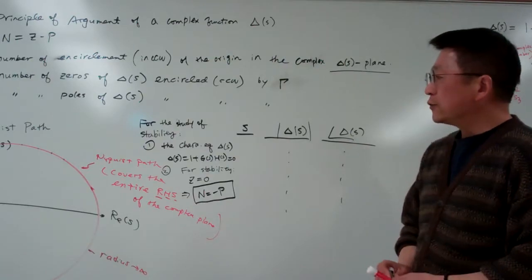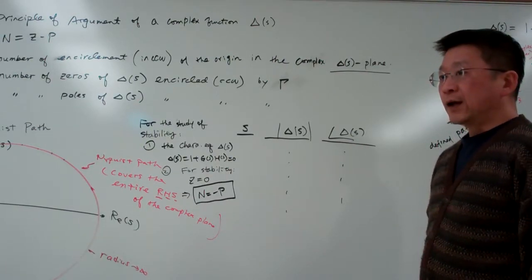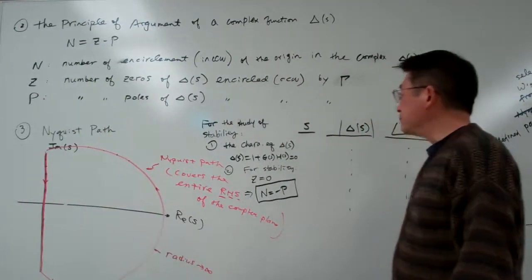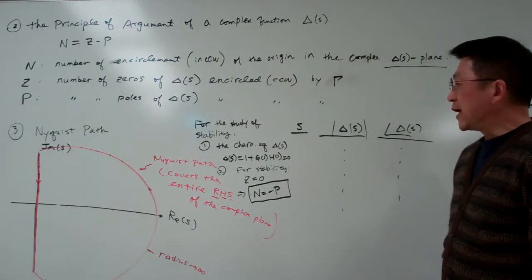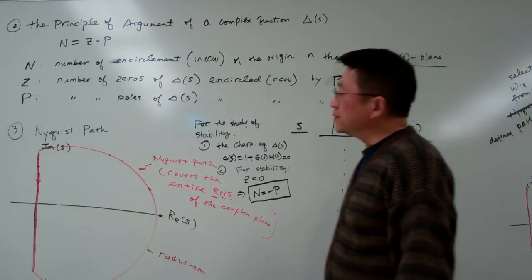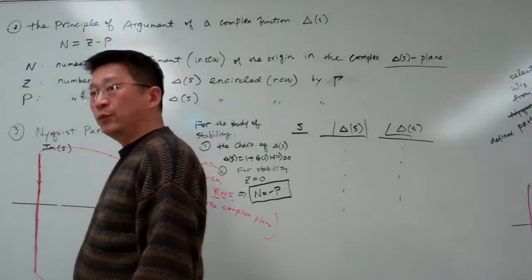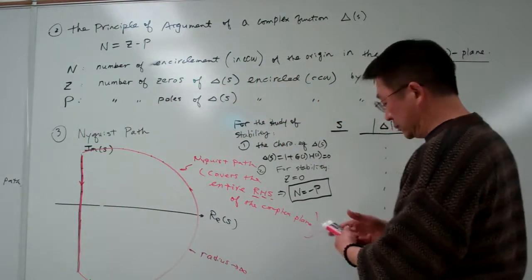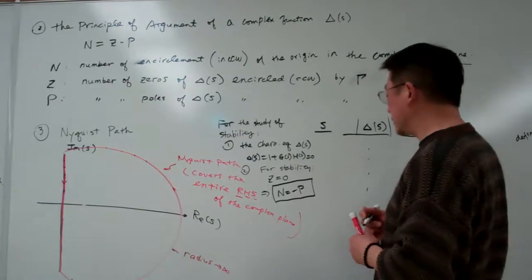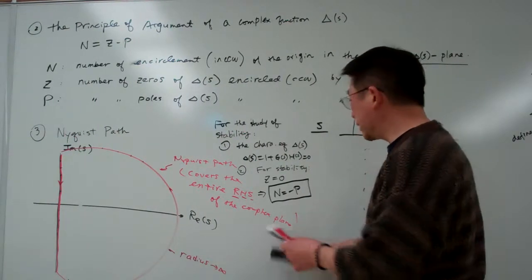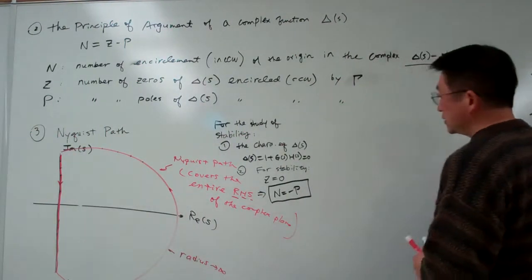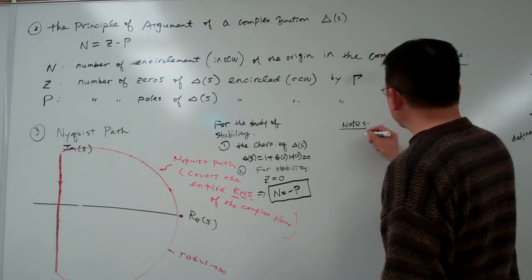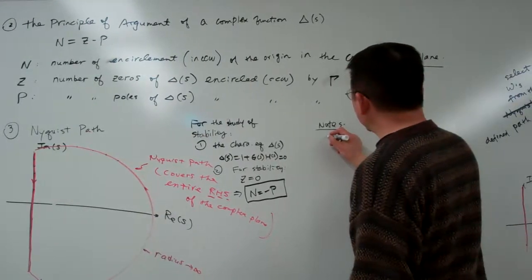And here I want to say more about the Nyquist path. Sometimes we have poles, so let me make one example here. You can continue to take notes.